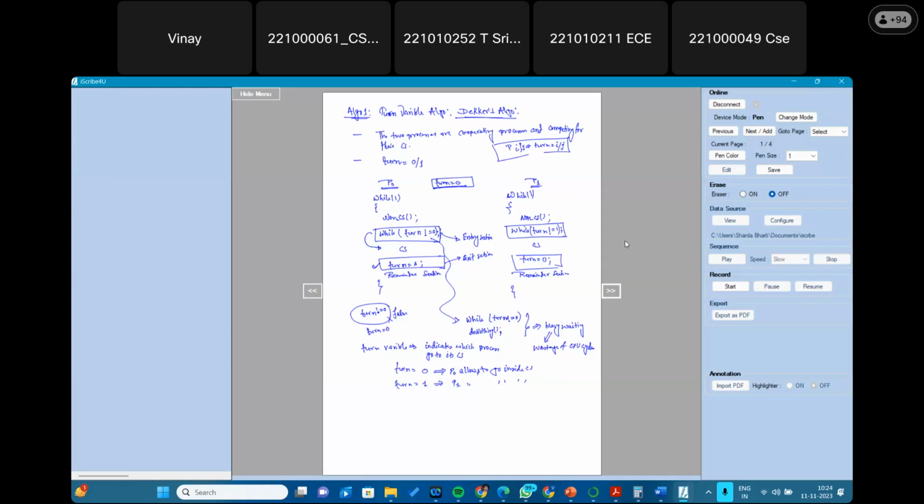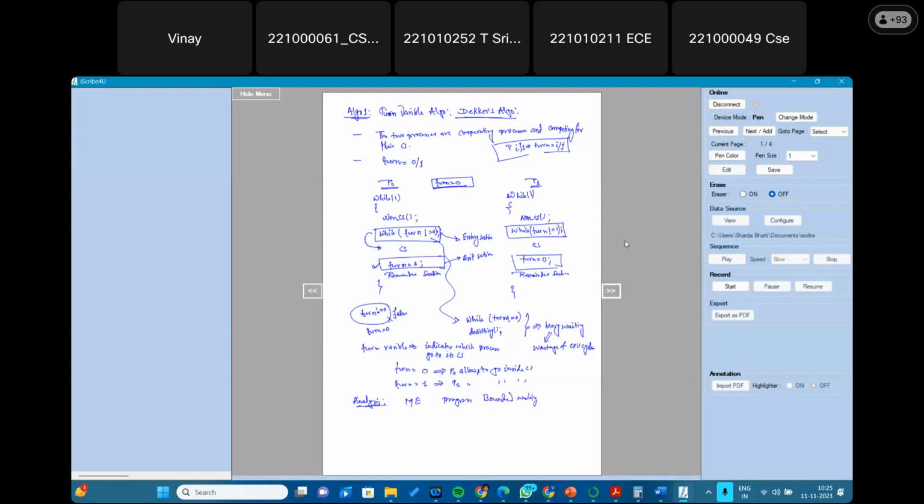So let us come to the main point: the properties which we discussed, mutual exclusion, progress, and bounded waiting, will they hold for this algorithm or not? So let us do the analysis. Mutual exclusion, progress, bounded waiting.